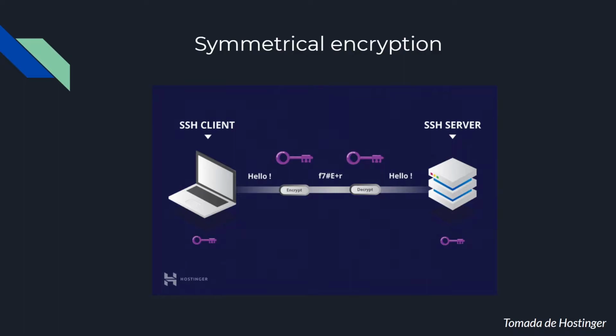However, there are situations where there are two of them, but as you could imagine, one key can be easily calculated using the other key. Symmetric keys are actually used to fully encrypt the communication during an SSH session.